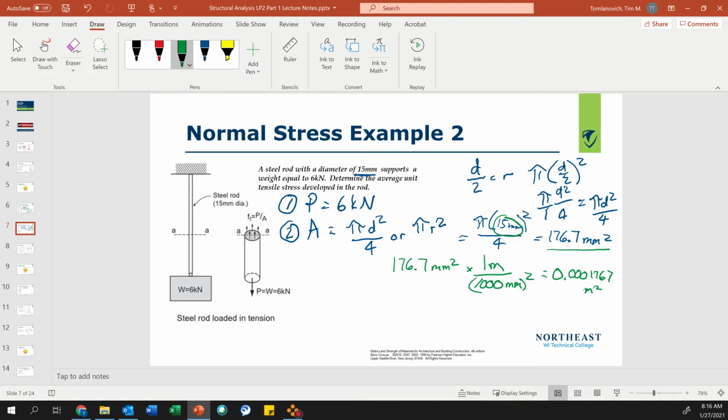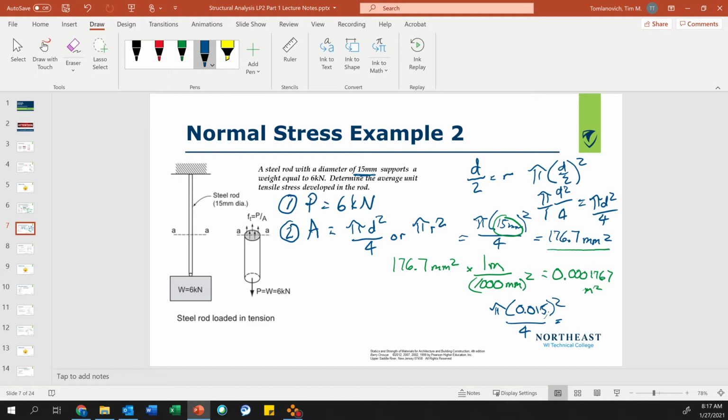Or, sorry about that, let's take 15 millimeters and turn that into meters. There's 1,000 millimeters per meter, so I move the decimal place to get 0.015, right? 1, 2, 3. I square that, multiply by pi, and divide by 4. 0.015 squared times pi divided by 4. And I get the exact same answer, 0.0001767.